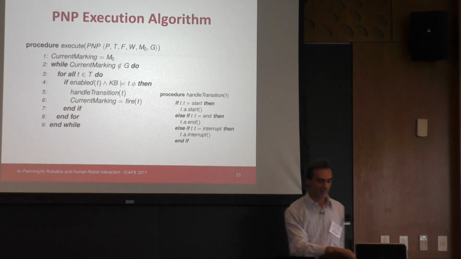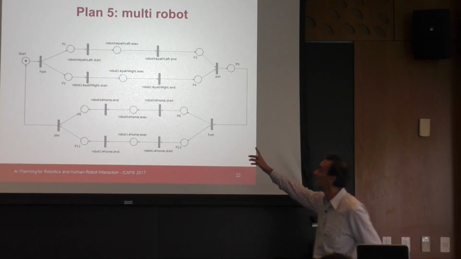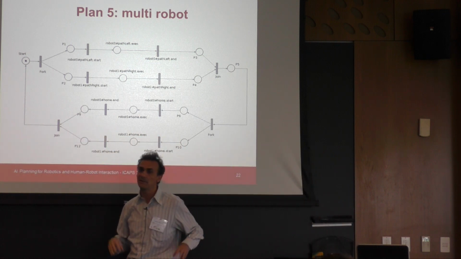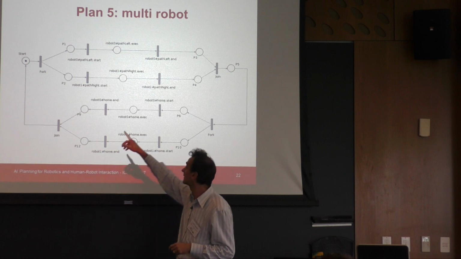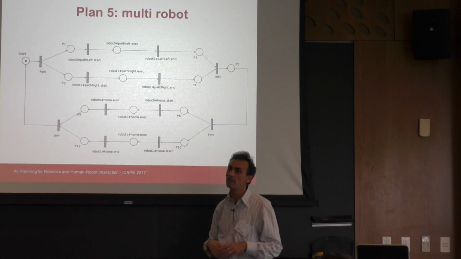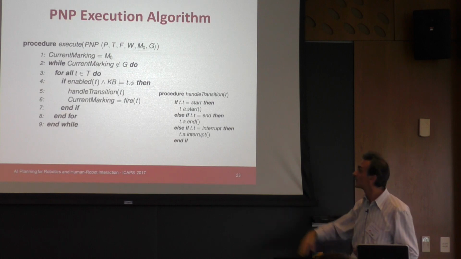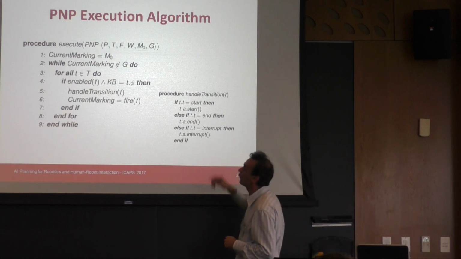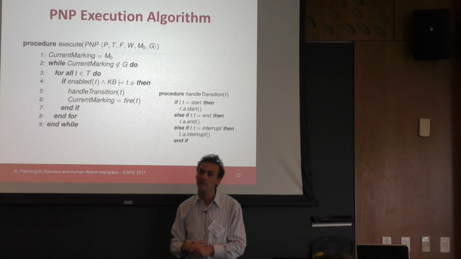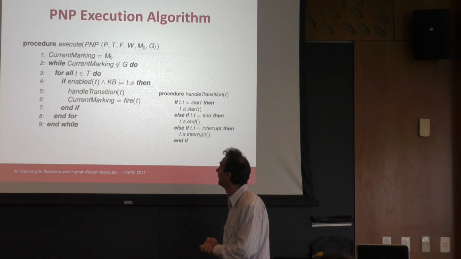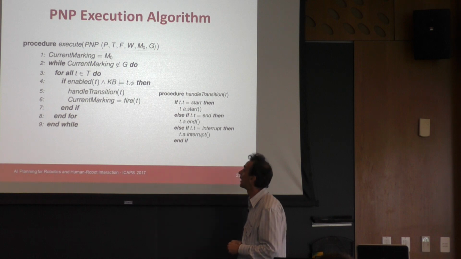So the initial marking is usually, for example, in this case, you see that we usually start with a token in an initial place like this, and then this token will move during the execution. So we start from an initial marking, and we look for a goal marking, if any. This process will be repeated until we reach a goal marking.